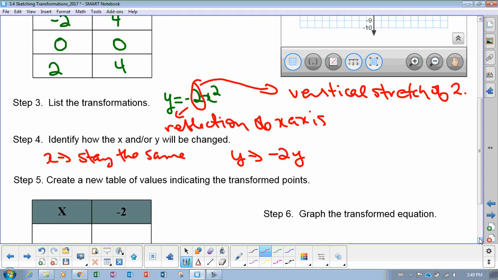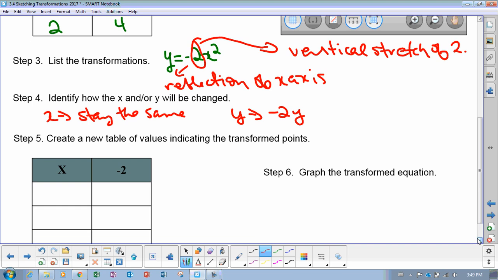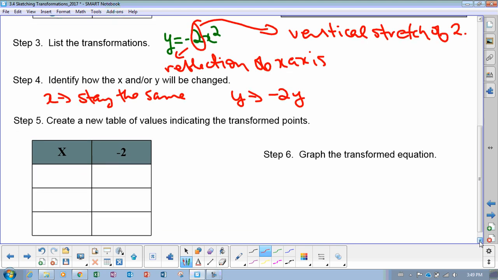Okay, so now in order to do this, I'm going to create a new table of values using the original values that I had. The original values I had for x were negative 2, 0, and 2. I'm going to rewrite those values because nothing has happened to the x. The y, on the other hand, in the table here, this should be negative 2y. My original value was a positive 4, but I'm transforming it.